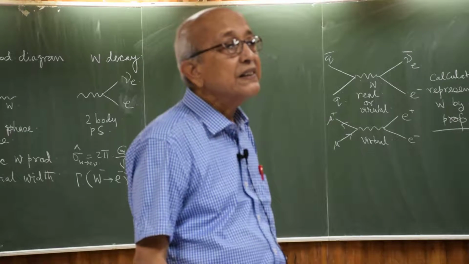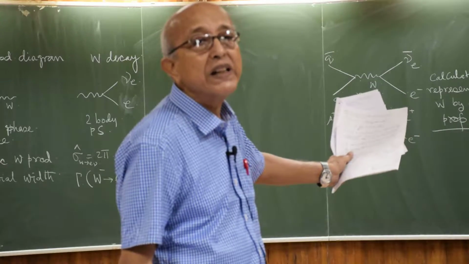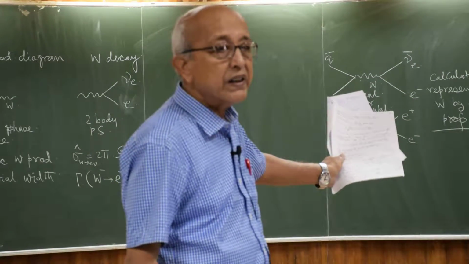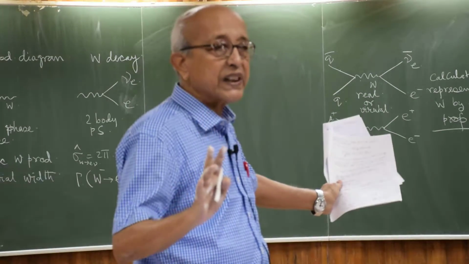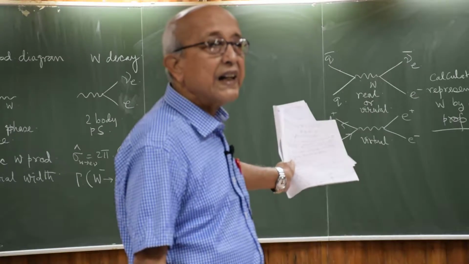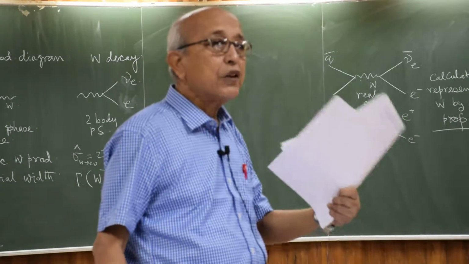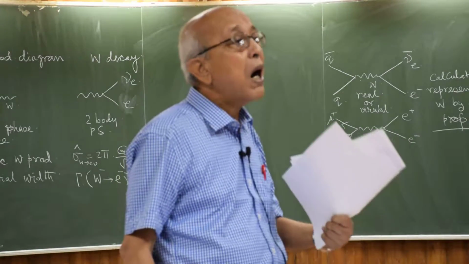Well, this is the fact that W is an unstable particle, and this is what I will show by a very simple argument. Actual rigorous argument of course exists, but let us say that since the W is virtual, we have to play with its mass.